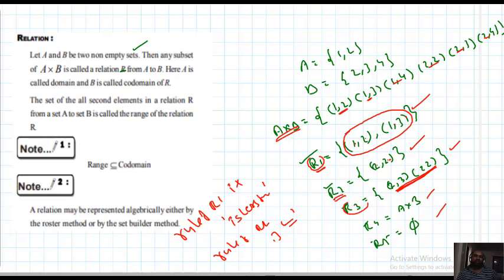There is no rule for this relation. Sometimes a rule exists, sometimes a rule does not exist. If a rule exists, that is called the rule of the relation or formula of the relation. So the rule exists for relation R1, that is less than. The rule exists for relation R2, that is equality. There is no rule for R3, R4, or R5.